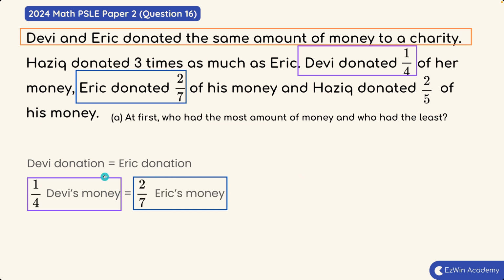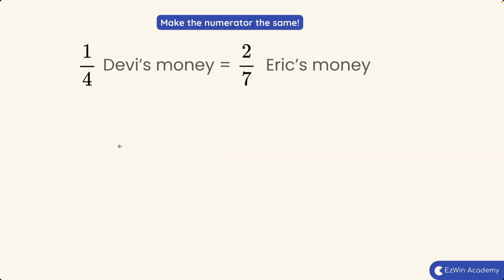When you see the same fraction like this, we use the same fraction concept, where we make the numerator the same. Currently we don't have the same numerator. Since we have 1 here and 2 on Eric's side, we multiply 1 by 2.